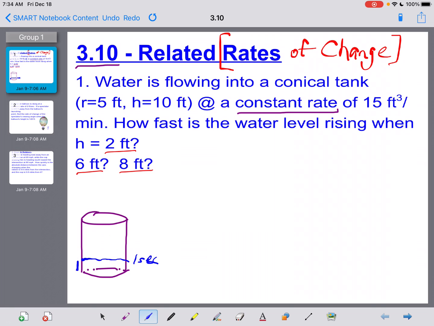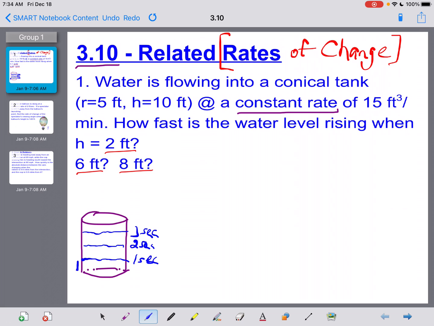I think you guys can see pretty clearly the water level is going to be twice as high after 2 seconds as it was after 1 second. And after 3 seconds, it's going to be 3 times as high. The point here is that in a cylinder, our water level is rising at a linear rate.